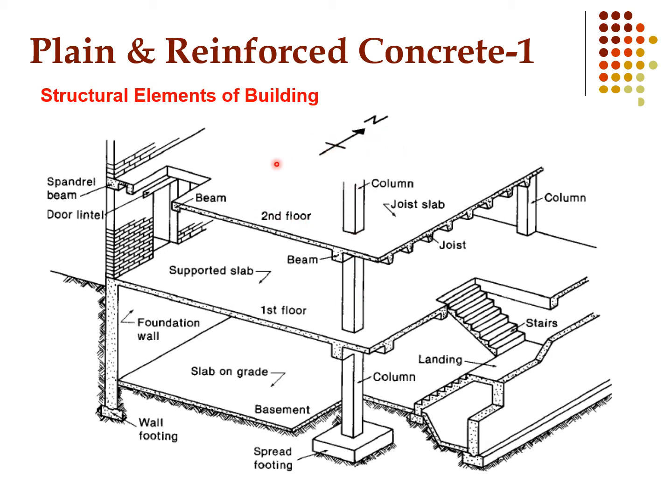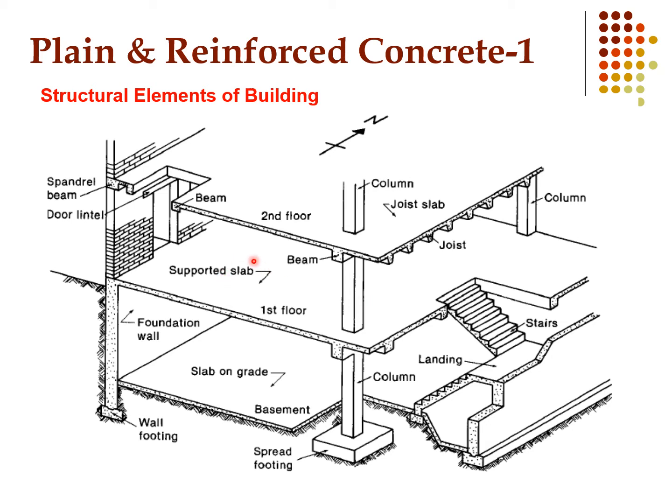This one basically we call as slab. This one we call as column, and these horizontal members, this one we call as beam. So first of all, this slab load is basically going to transfer to these beams, and from these beams it is going to transfer to the column.